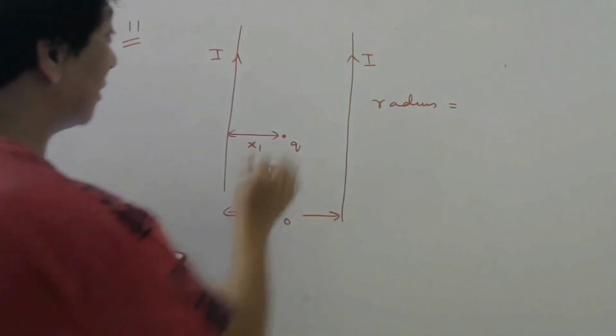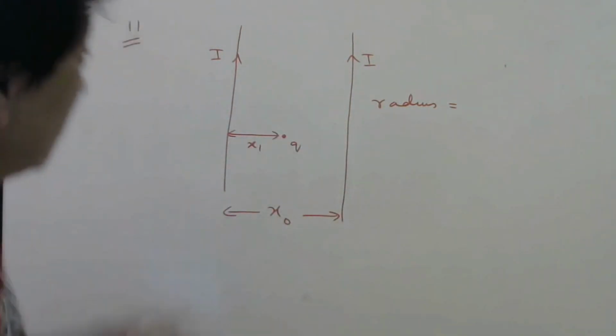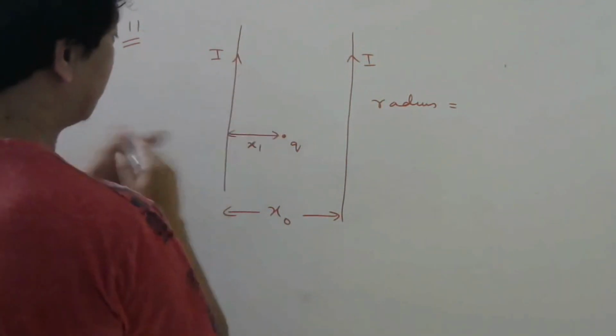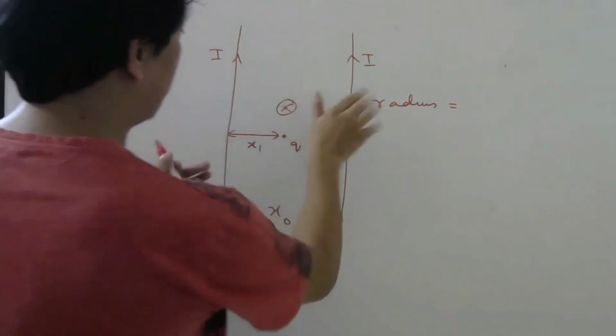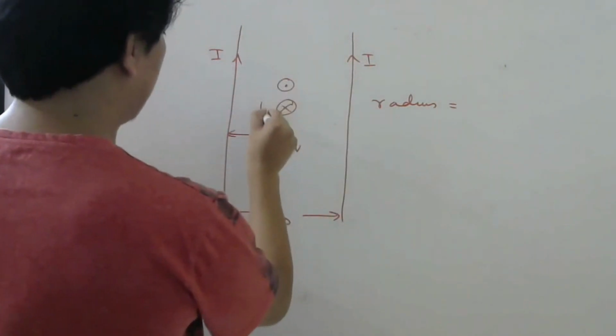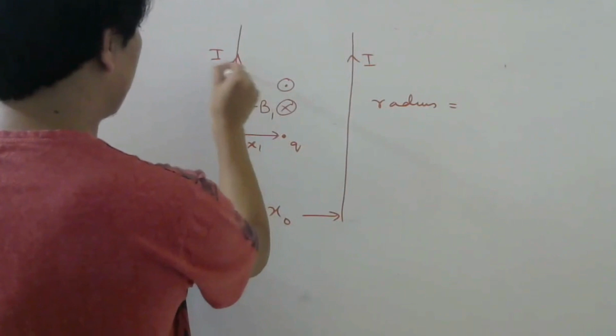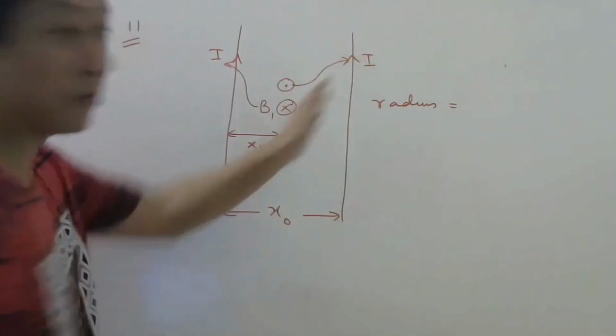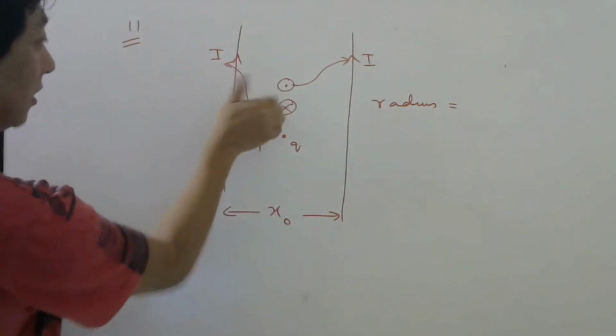Now you know that this will produce a magnetic field like this here. This will produce a magnetic field like this here, right? So this is the magnetic field due to this part. This is the magnetic field due to this wire. Yes or no? Check once. In, this is out.